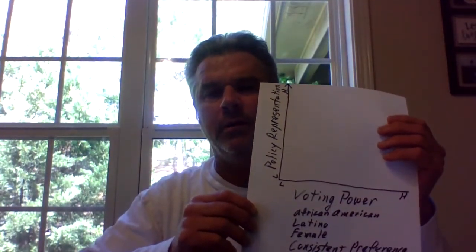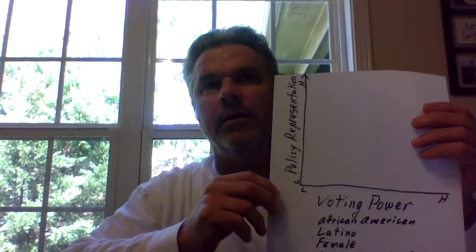Citizens have preferences, and then members of Congress respond to citizen preferences. Okay. Well, is it also possible that members of Congress influence citizen preferences? Yes, because they're public figures, they're elites.